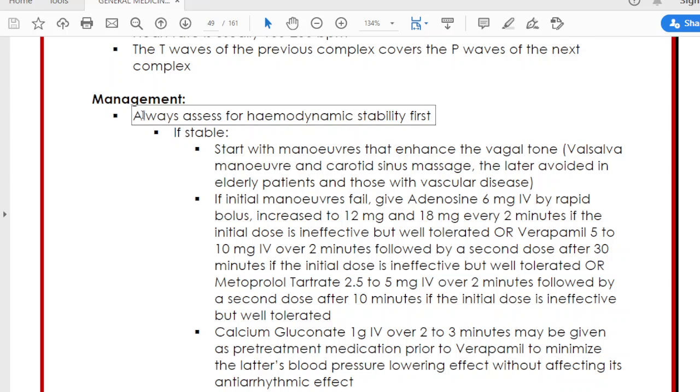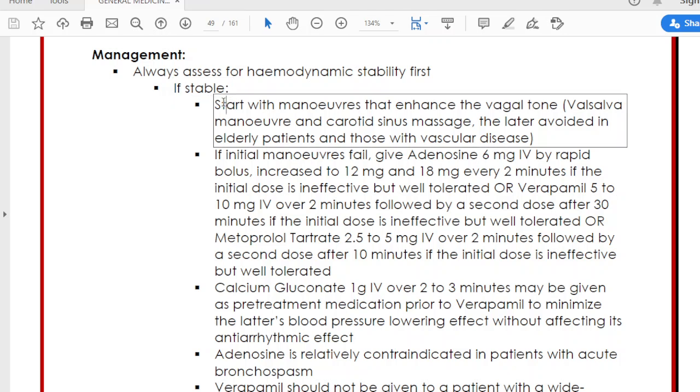Management. Always assess for hemodynamic stability first. If stable, start with maneuvers that enhance the vagal tone, Valsalva maneuver and carotid sinus massage, the latter avoided in elderly patients and those with vascular disease.